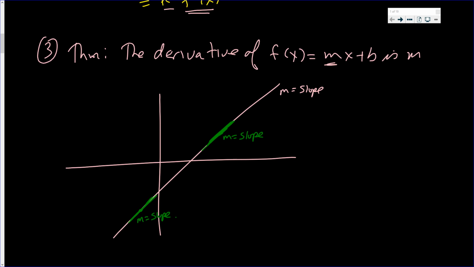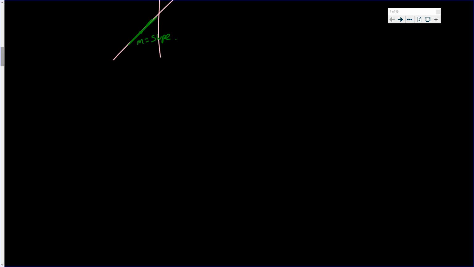Now that I motivated that the derivative of our line is just the slope of the line, let's prove this formally. So f of x is equal to mx plus b. Now a couple of comments. Let's use one of the rules here.